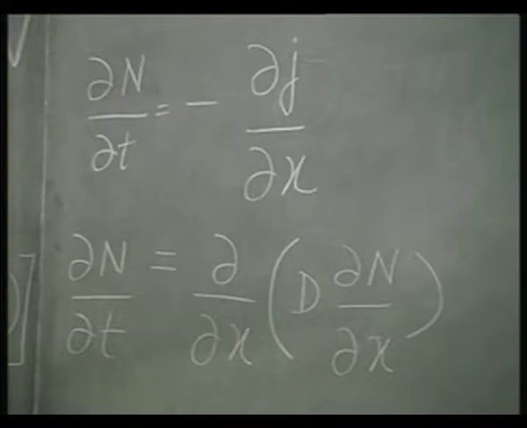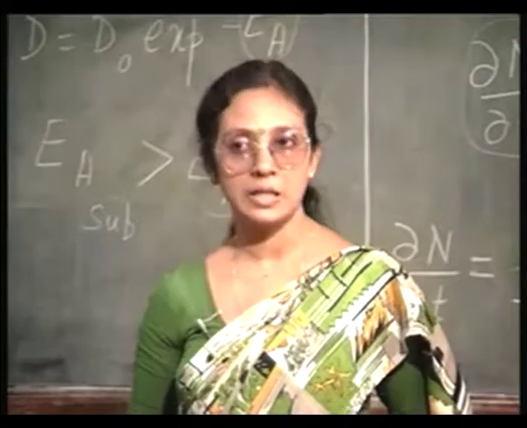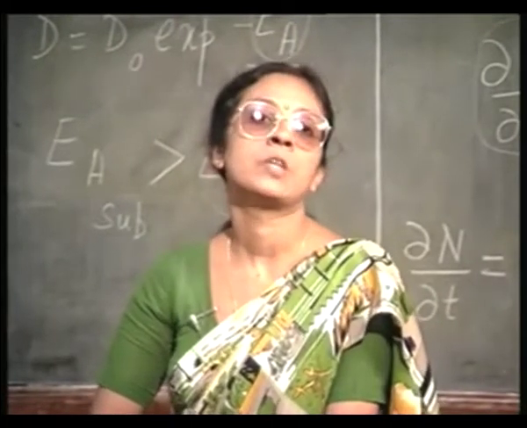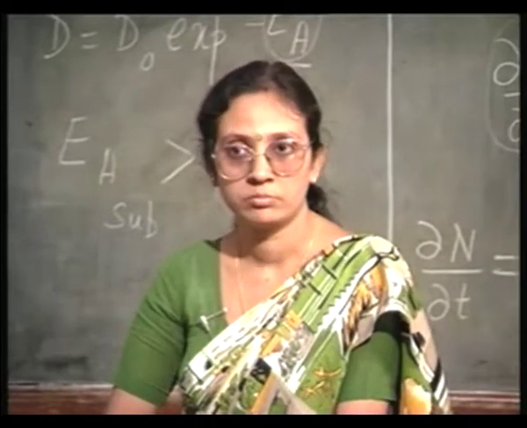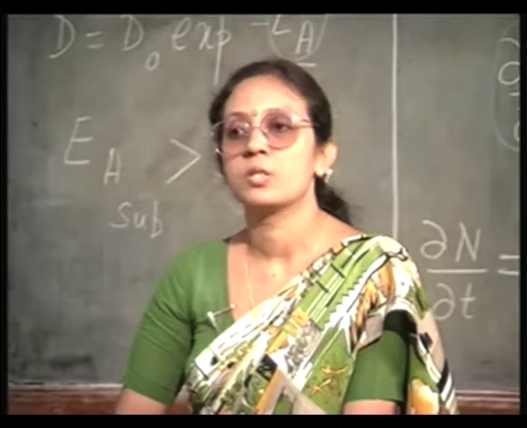So, from here therefore, mathematically speaking, we are going to branch into two branches depending on whether the diffusion coefficient d is a constant or not. Let us try the easier situation first.